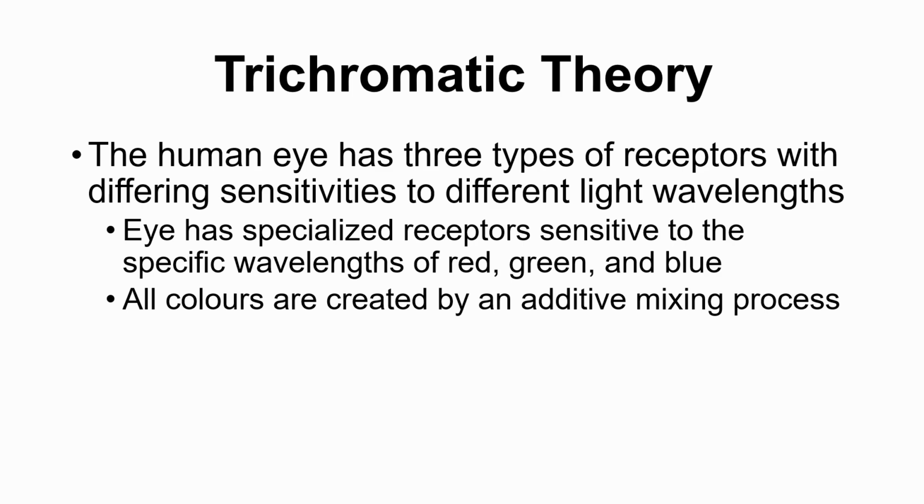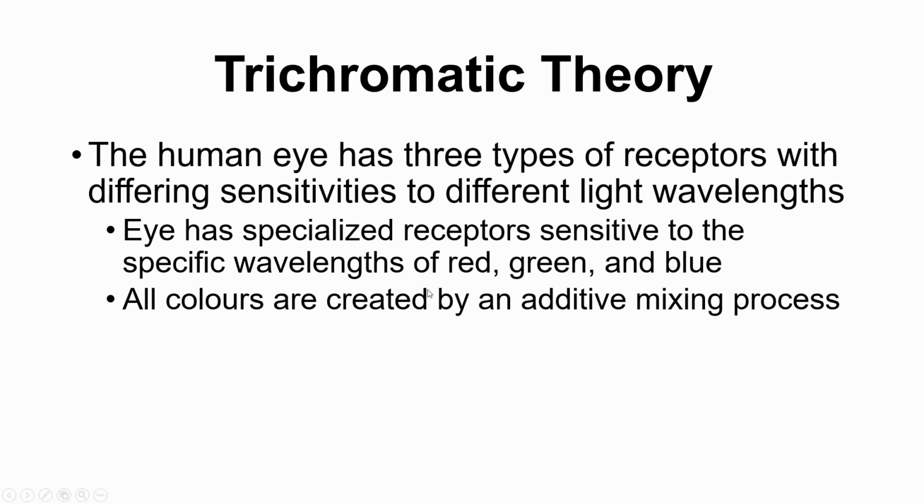So they're going to be sensitive to either red, green, or blue wavelengths of light. And the comparative responding of those different kinds of cone cells can tell our brain how much red, green, and blue we're seeing, and we can add it together in our brain using the additive mixing process.